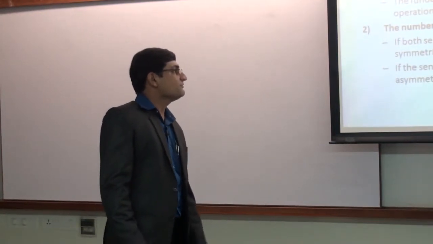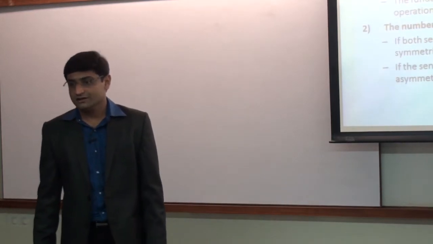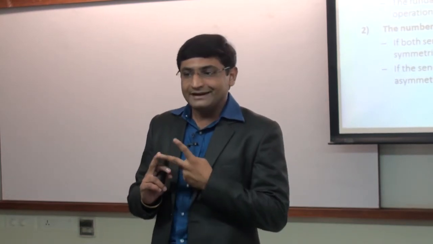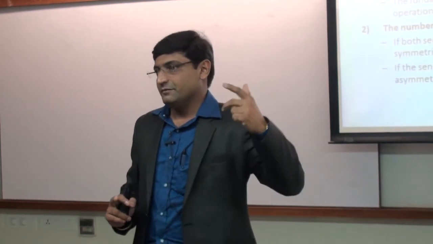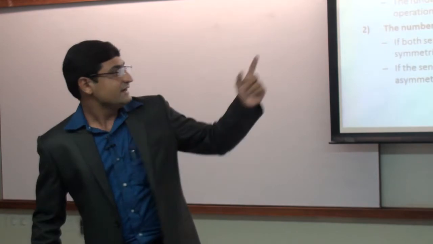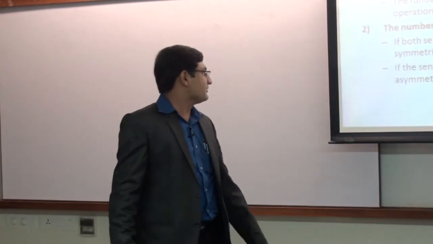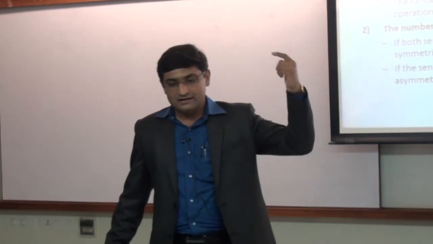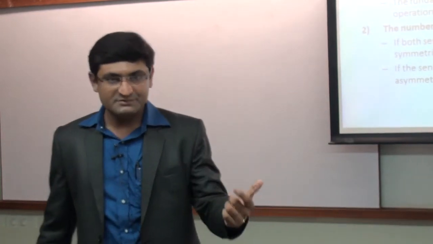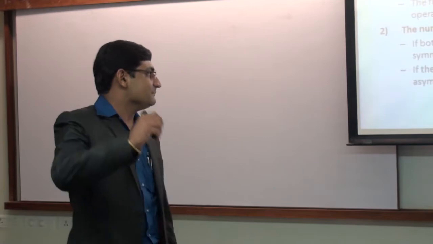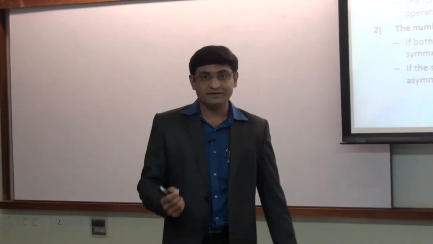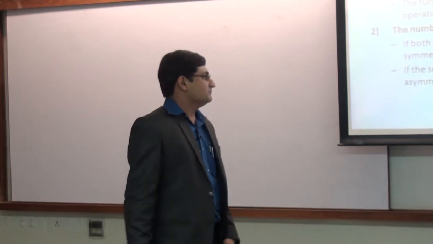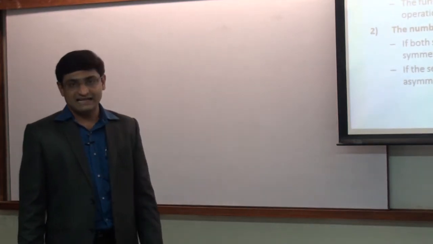Next is the number of keys. When you are talking about keys, normally there are two kinds. If you are going to use one key for both encryption and decryption, it is a symmetric cipher model. And if you are using two different keys at both ends, where the sender encrypts the message using one key and the receiver uses a different key for decrypting the message, that is called public key encryption.